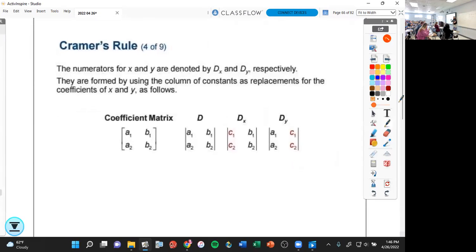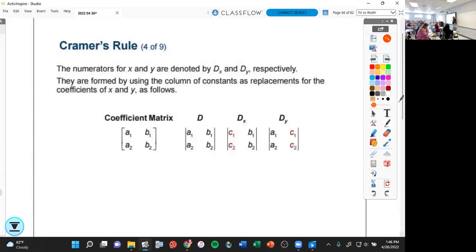So the coefficient matrix is the A1, B1, A2, B2, right? That's the coefficient matrix. A1 and A2, that's my X coefficients. B1 and B2, those are my Y coefficients. If I want the determinant of my coefficient matrix, I call it D, no subscript.